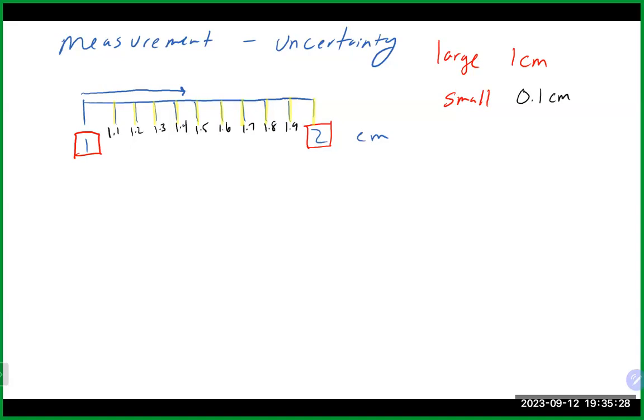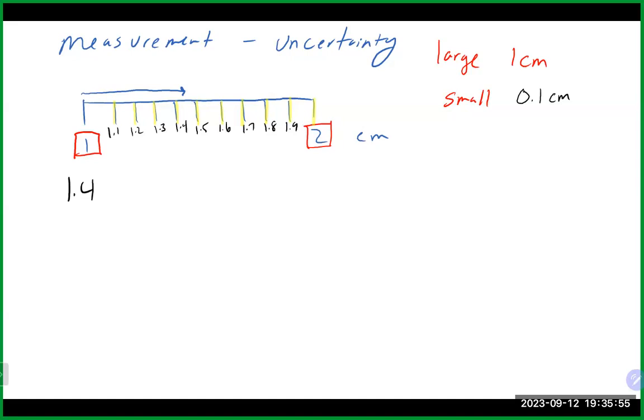So when we take a reading, there should always be numbers that, no matter who takes a peek at it, everybody should agree on. So when we look at my arrow, everybody should agree it is at least 1.4, right? Now, it is definitely not exactly 1.4, and it's not exactly 1.5. It's somewhere in between those two. And that is where the estimation comes into play, or the uncertainty in this measurement.